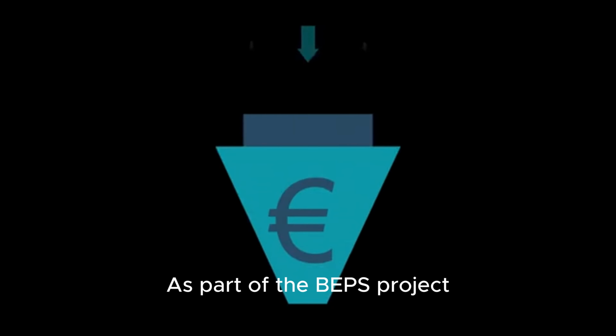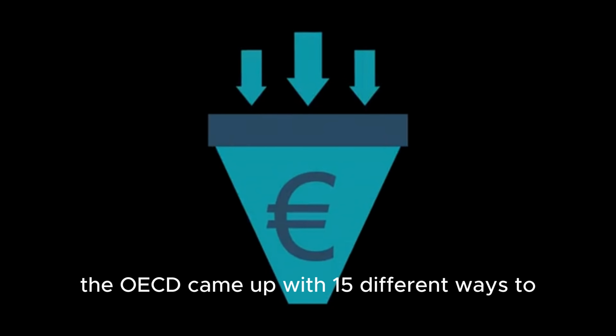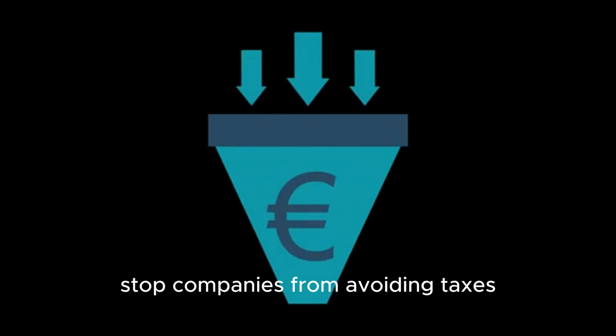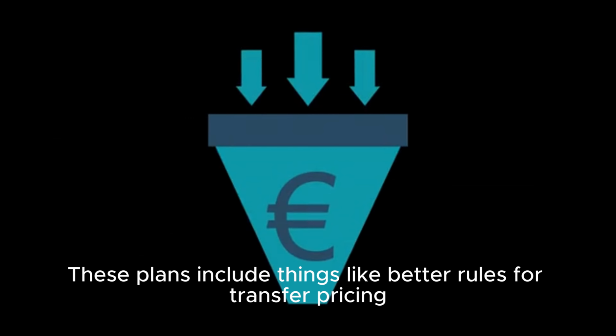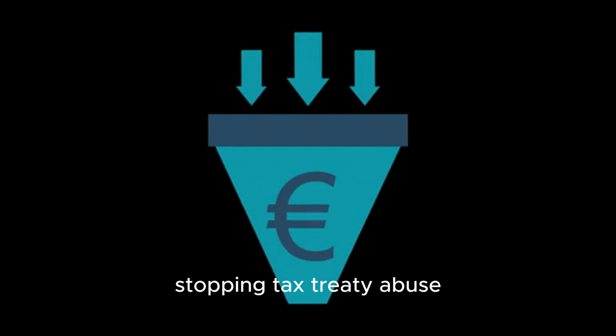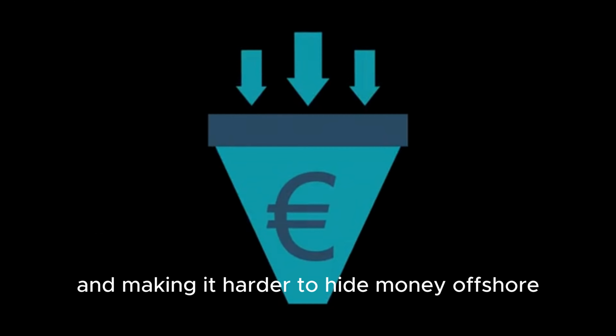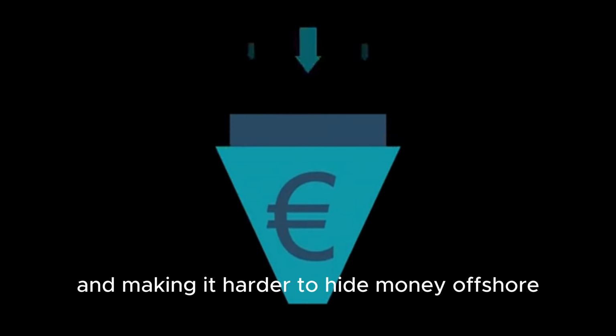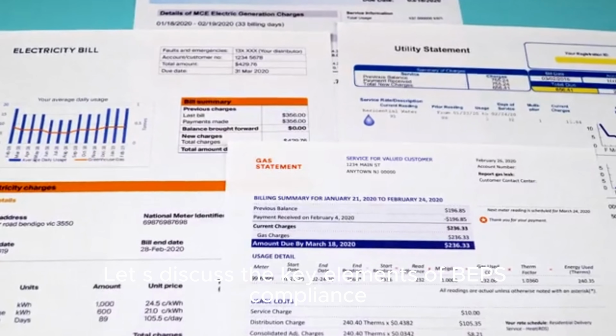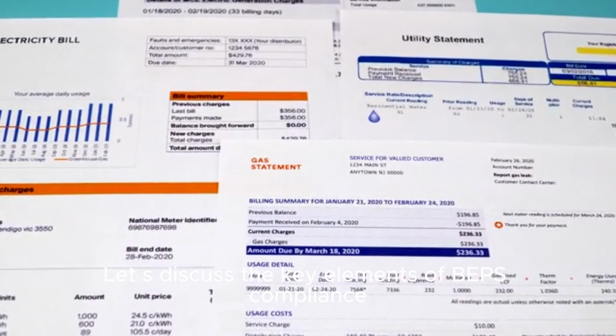As part of the BEPS project, the OECD came up with 15 different ways to stop companies from avoiding taxes. These plans include things like better rules for transfer pricing, stopping tax treaty abuse, and making it harder to hide money offshore. Let's discuss the key elements of BEPS compliance.